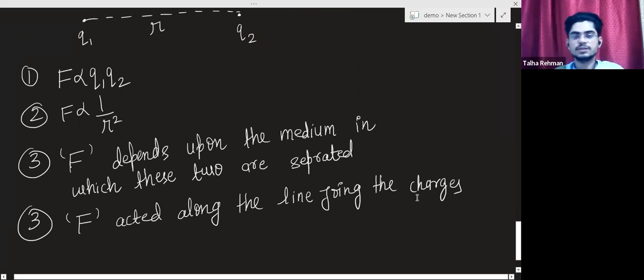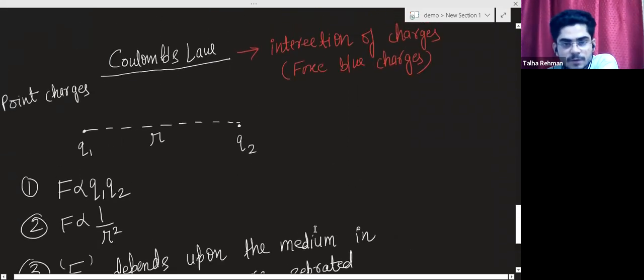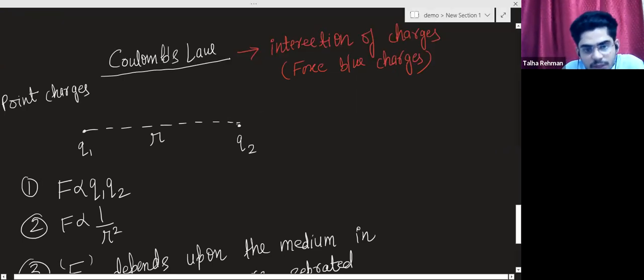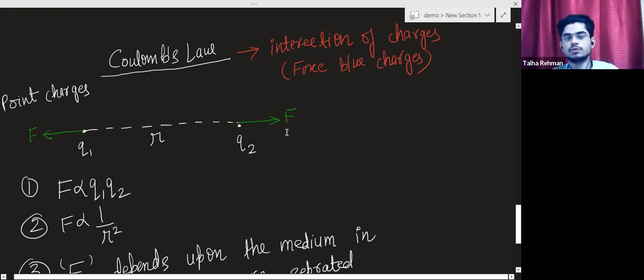Line joining, what does this statement mean? Let's see. Line joining means the forces of attraction, or suppose I am supposing here positive charges. So this force will be in this direction, along the line joining between them. And this force will be equal.